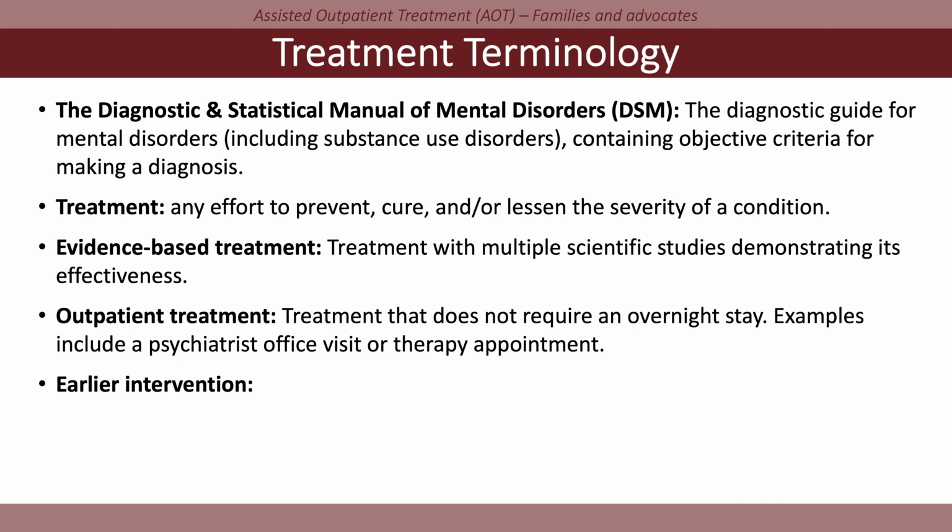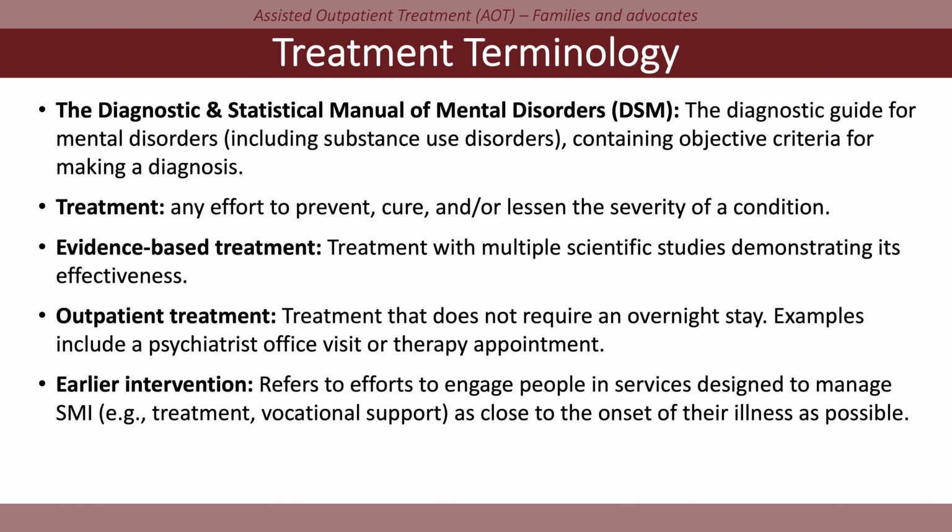Earlier intervention. This is a term that we've been using in recent years to refer broadly to the efforts we're trying to make to engage people in services designed to manage their serious mental illness, such as medication-based treatments, vocational support, doing this as close as possible to the actual onset of their illness.